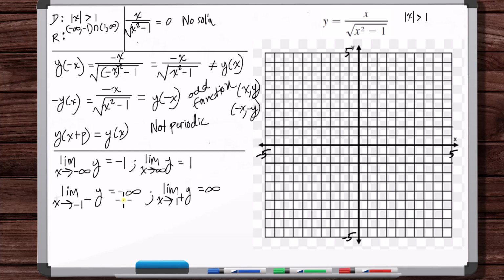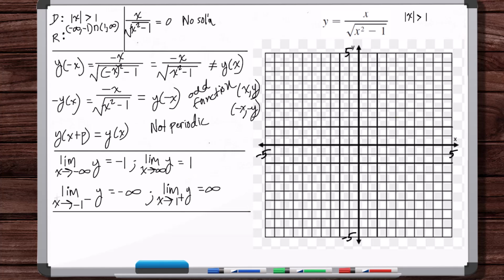And then we also have vertical asymptotes at minus 1 and 1. So that would be here and here. There we go.